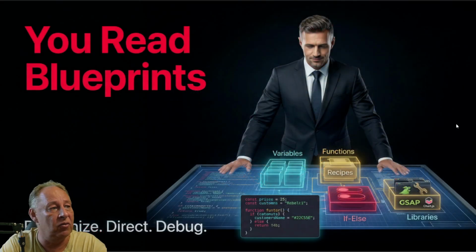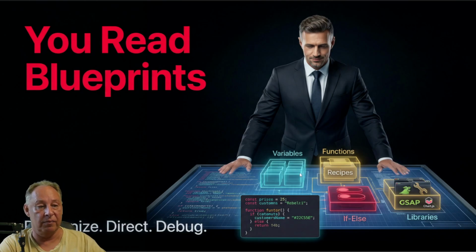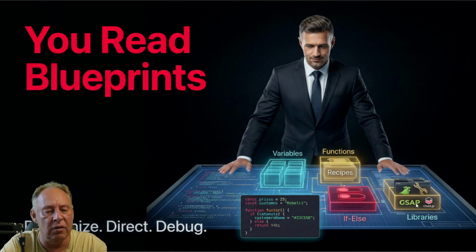Not too difficult, right? But where does this fit in with the conductor, with the architect? Well, it fits in that you need to be able to read the blueprints. And now you can. You can, for instance, look and say, what? GSAP, I hate GSAP. I don't want us to use GSAP.